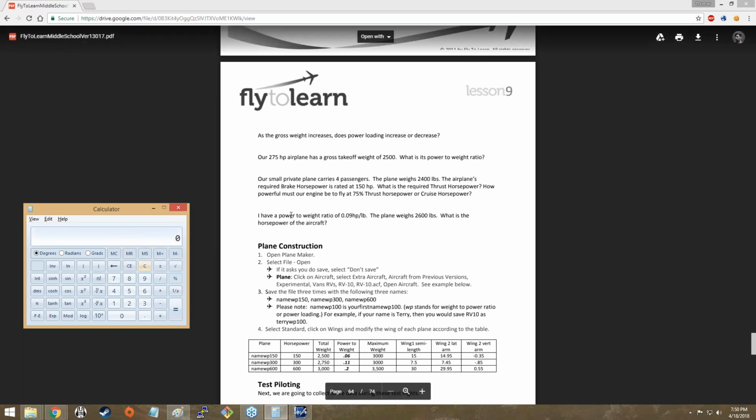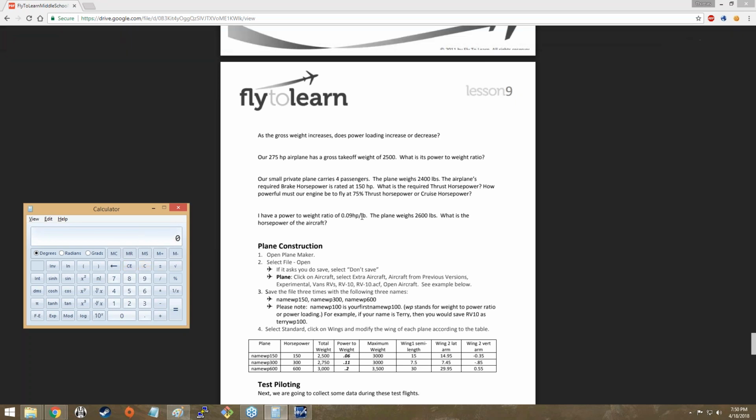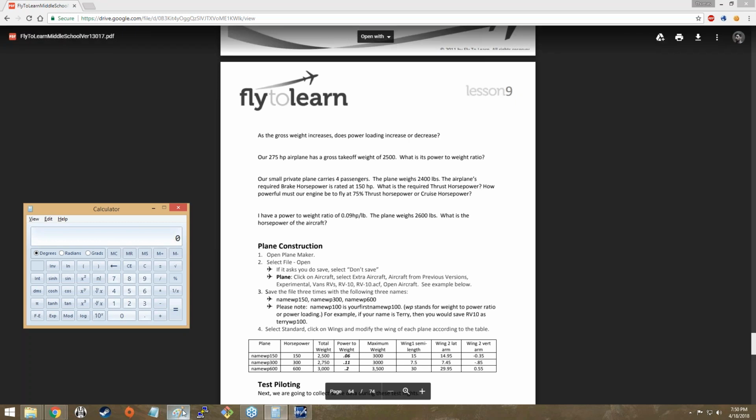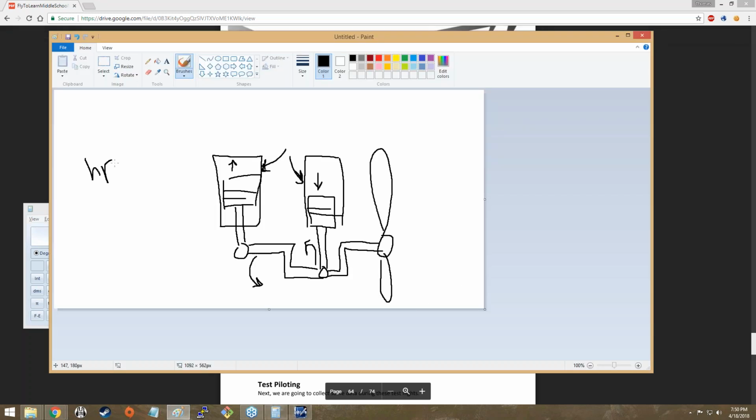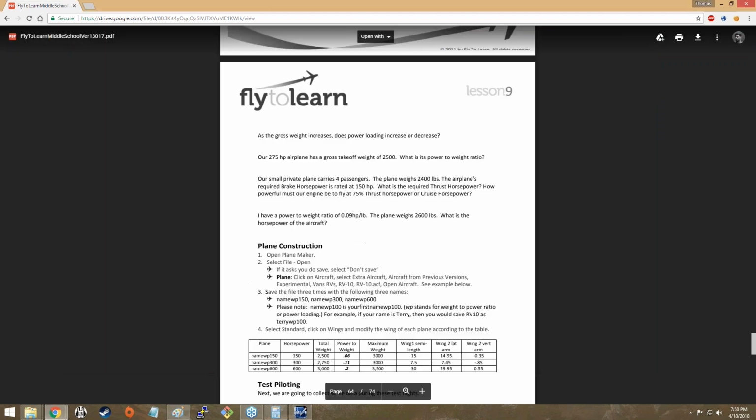So I have a power to weight ratio of 0.09 horsepower per pound. The plane weighs 2,600 pounds. What is the horsepower of the aircraft? So if we've got horsepower per pound and we want to turn it into just horsepower, we need to multiply this by pounds, because it'll cancel these two out and we'll be left with horsepower.